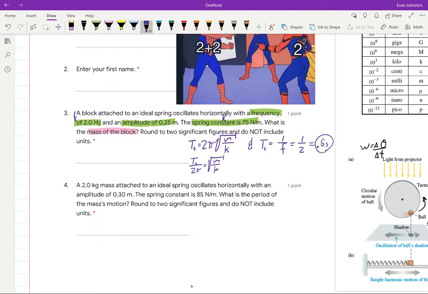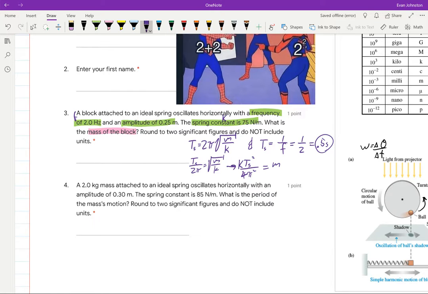Then I get rid of the square root on the right side by squaring everything on the left, and I just have to multiply by K. So then I have T, the period for the spring, squared over 4 pi squared, is mass over K. Well, we want the mass, so I just need to multiply by K. So I'm going to get rid of that K and multiply it over there. Now I just have to put this all into the calculator because we know the period and we know K.